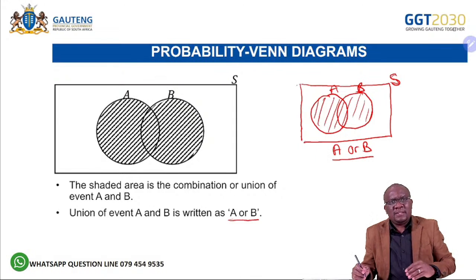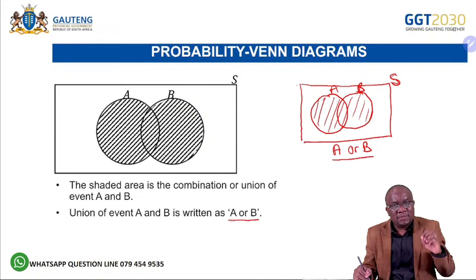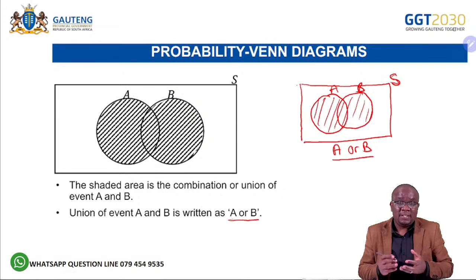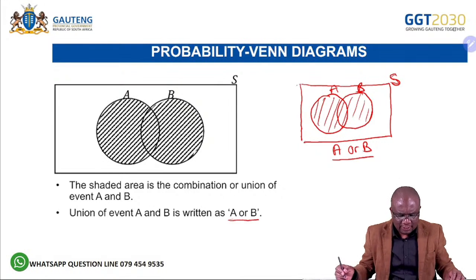And 'and' is an intersection. You can even write that: and means intersection, or means union. A combination of the events. Let's move on.